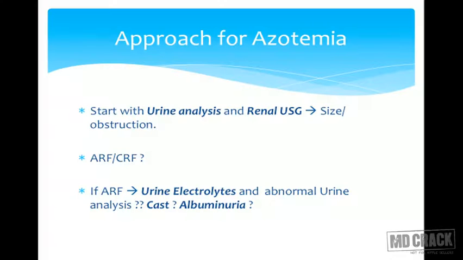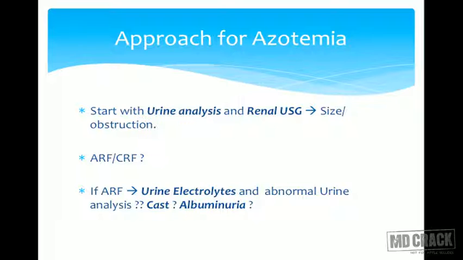So we will see what is the approach for azotemia. Azotemia, as I told you, is also called uremia. When a patient is suspected of renal failure, you send a serum sample for creatinine, and when you see the creatinine is high, your question will be whether this is acute or chronic.